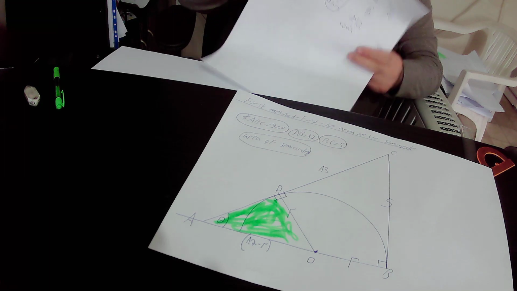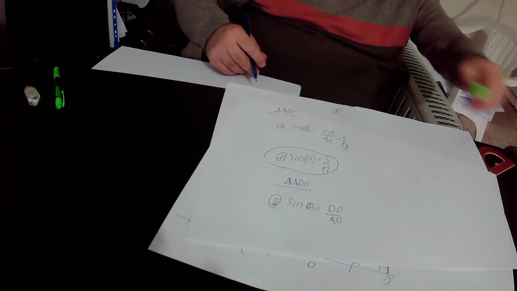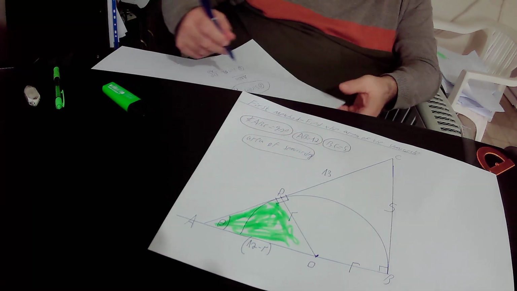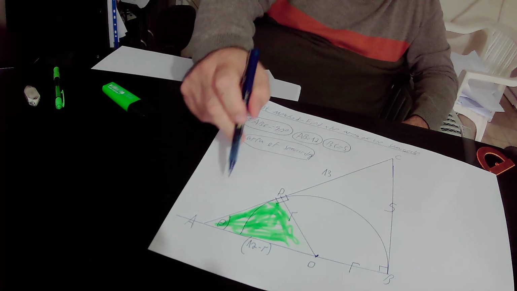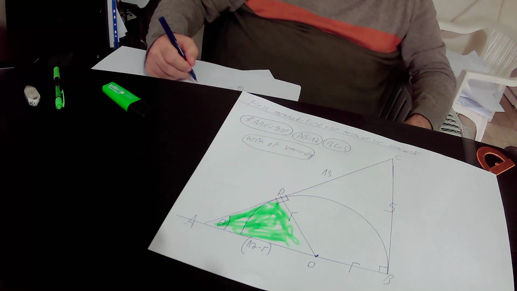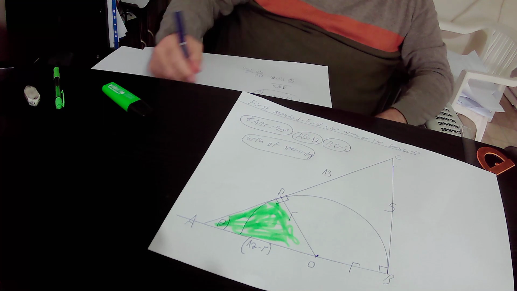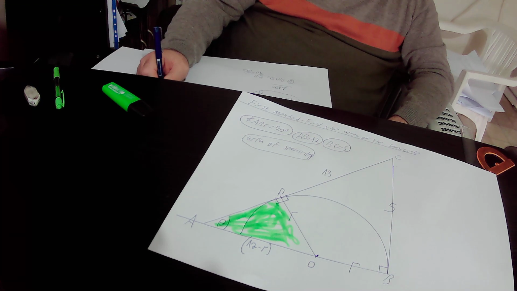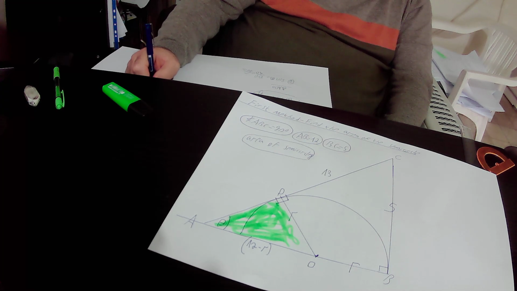I'll repeat again: on the right triangle ADO, sine theta equals DO over AO. We know that DO equals R, the radius of the semicircle, and we have already found that AO equals 12 minus R. So in conclusion, according to equation number 2, sine theta equals R over 12 minus R.